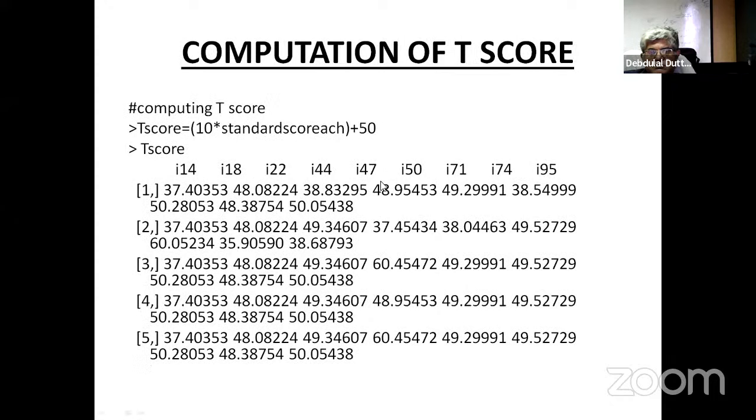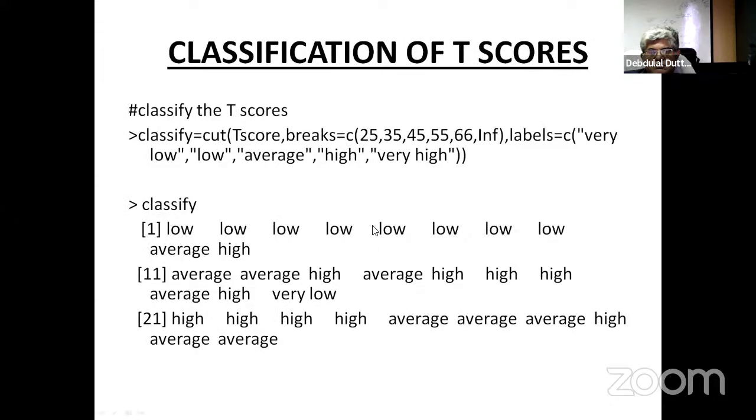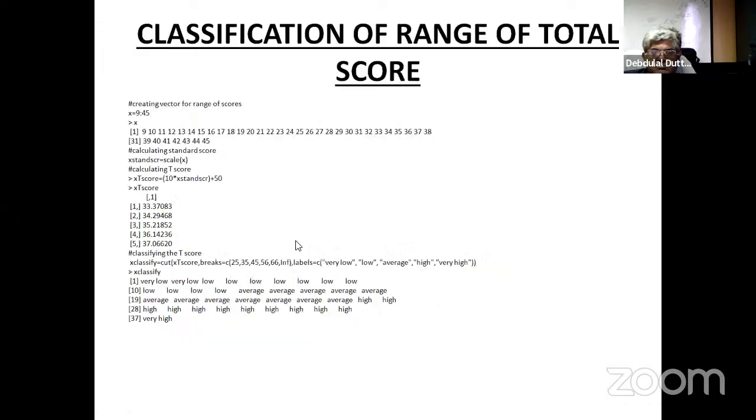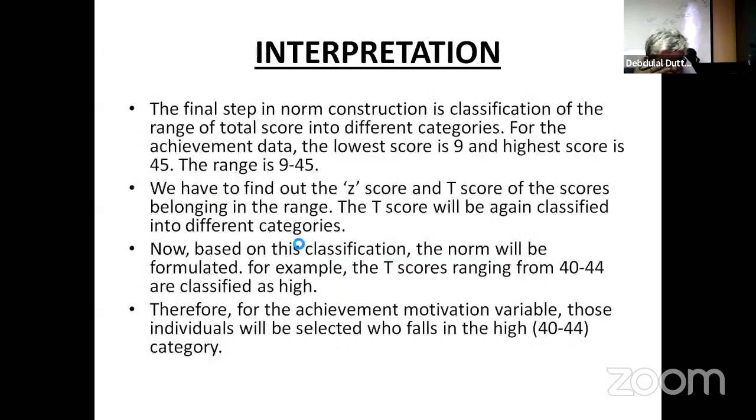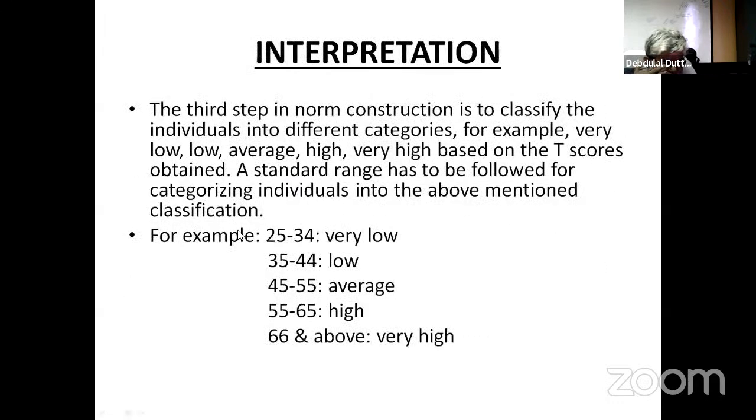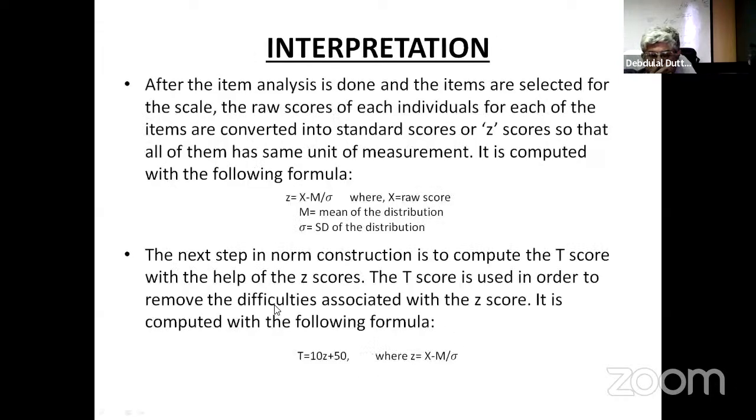For the classification of the T-scores, we have to follow a standard classification, for which we have used this classification. 25 to 34 will be very low, 35 to 44 will be low, 45 to 55 average, 55 to 65 high, and 66 and above very high. Okay, on the basis of this classification, we will classify the T-scores now.